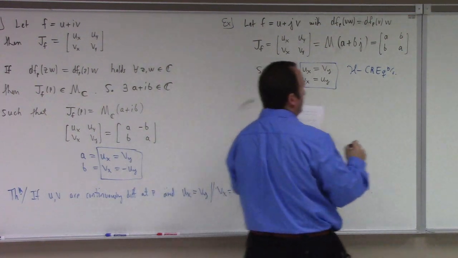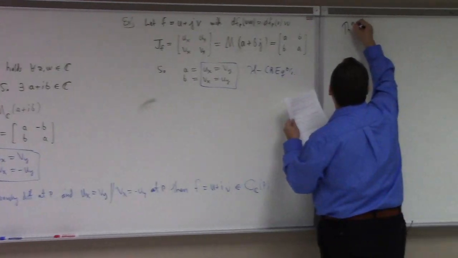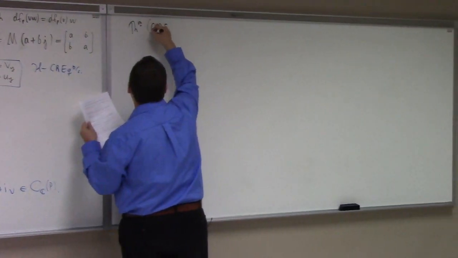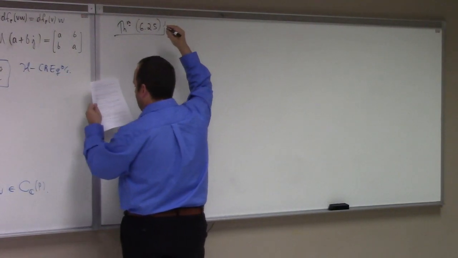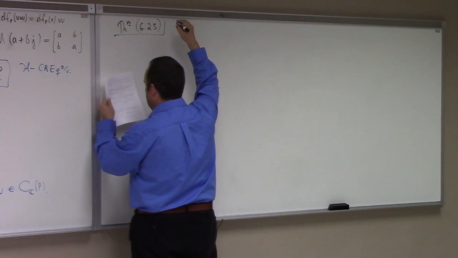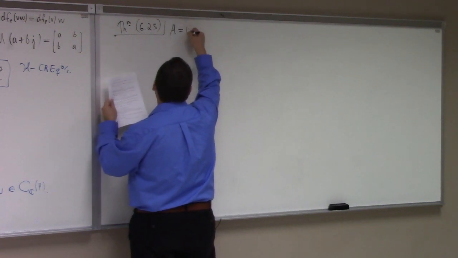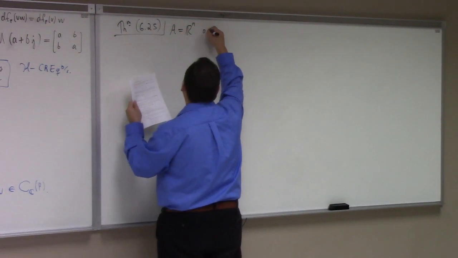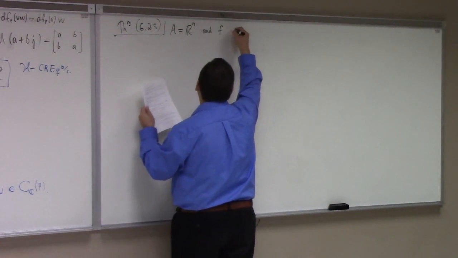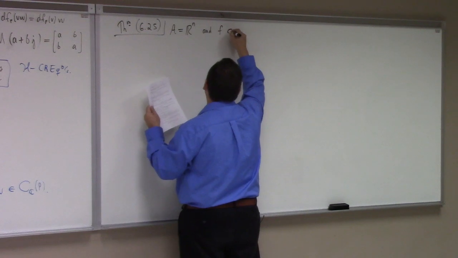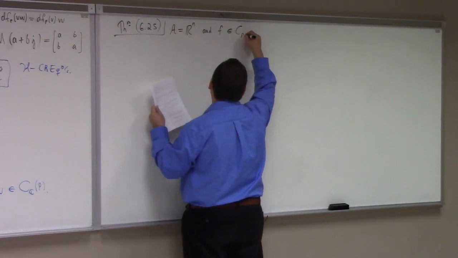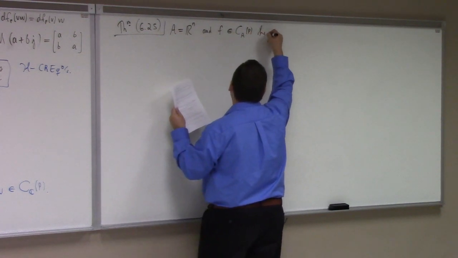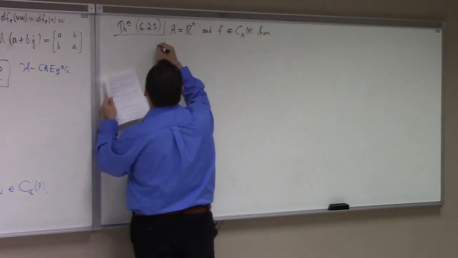Theorem 6.25. And so, again, we have A equals R^n, all right? And let's suppose F is differentiable near P. Then a couple things.